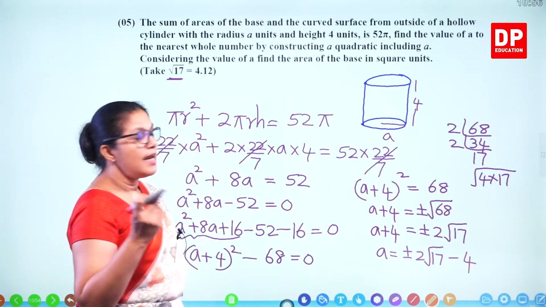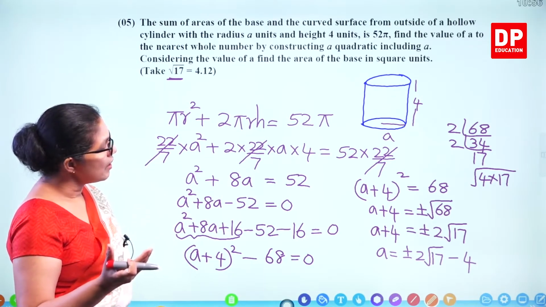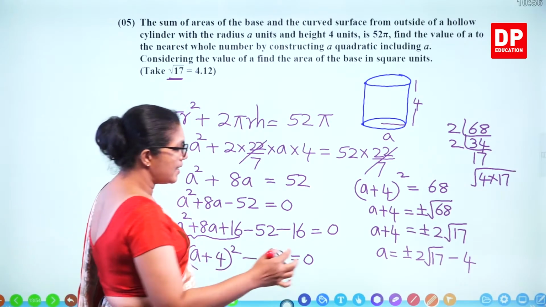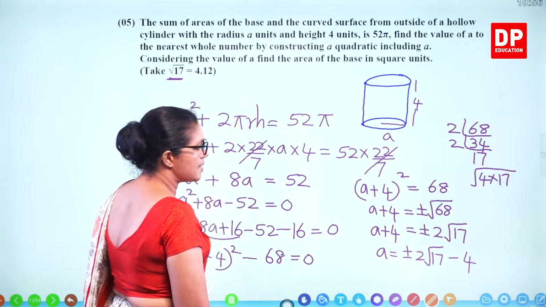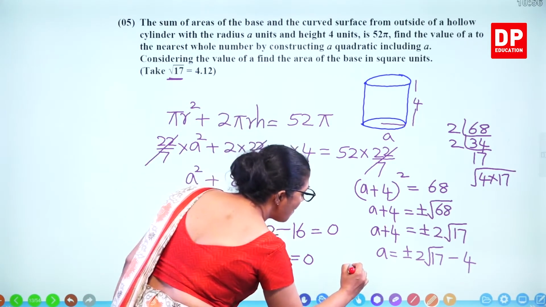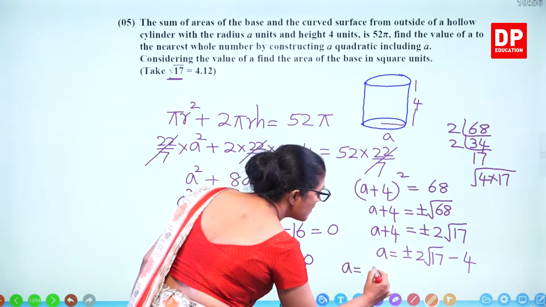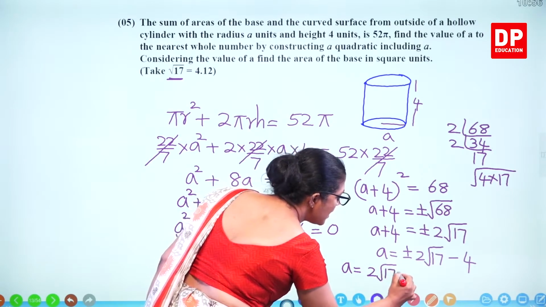A is a length. You need to get a positive value. If you take the minus value, what happens? You get both negative, so A is negative. So we have to take only the positive value. A is 2 root 17 minus 4.